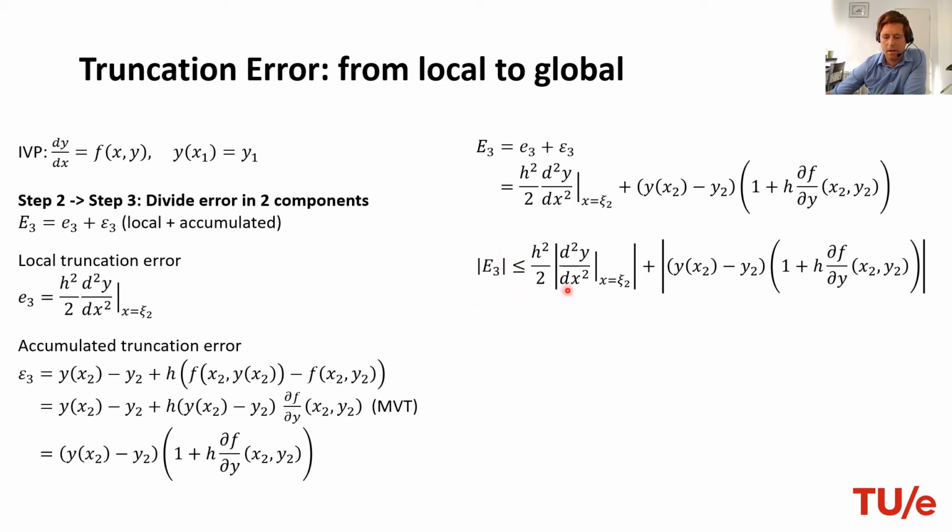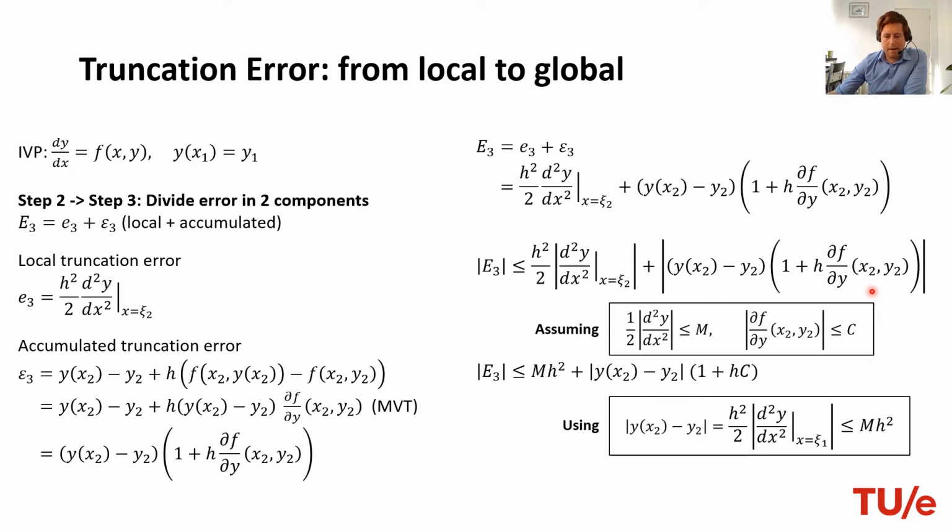Where this still looks quite complicated, and also this has some things that we might not be able to evaluate easily. So this second derivative of y with respect to x, well, the function y is actually not known, so that's something we don't really know. Also, this partial derivative of the direction field with respect to y is something which might not be easy to compute.